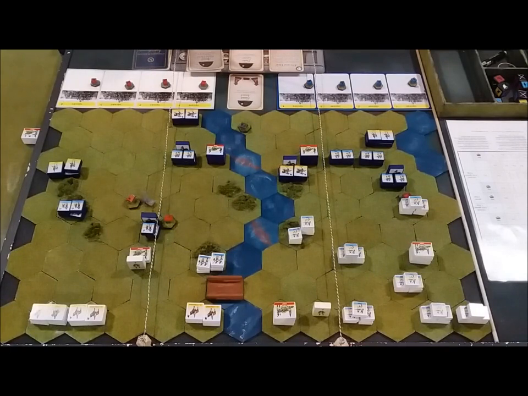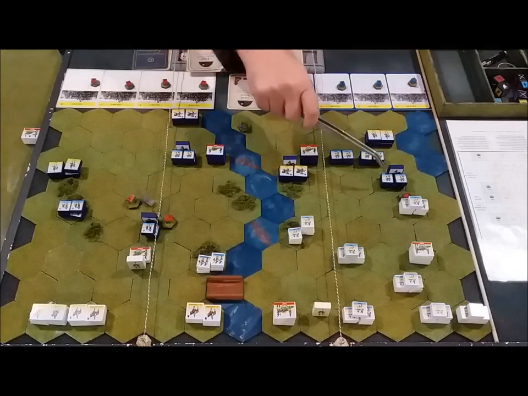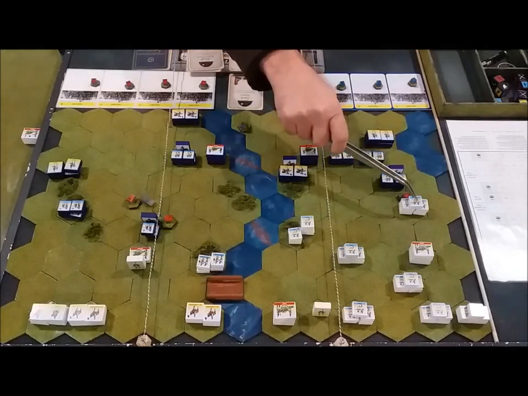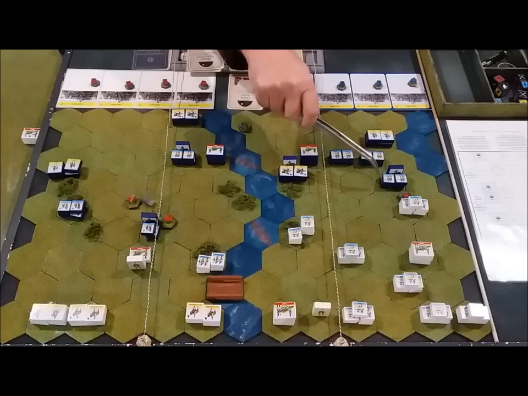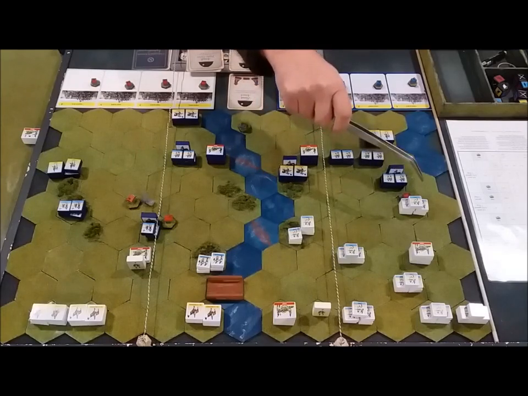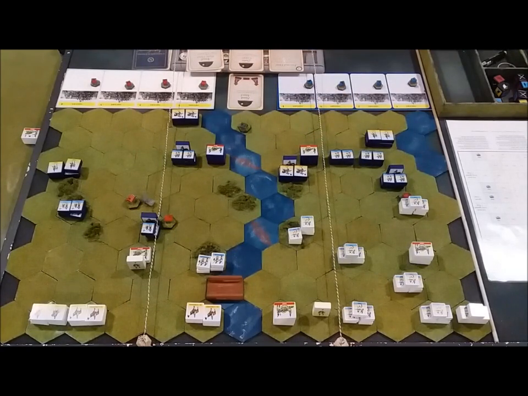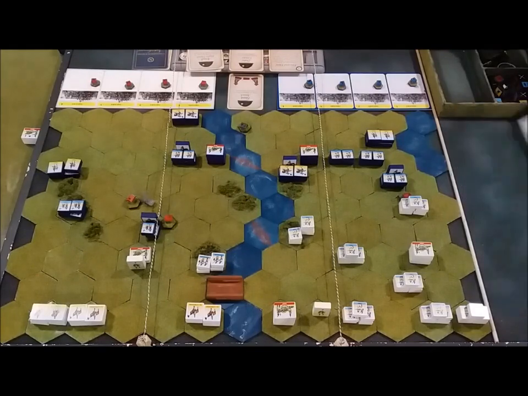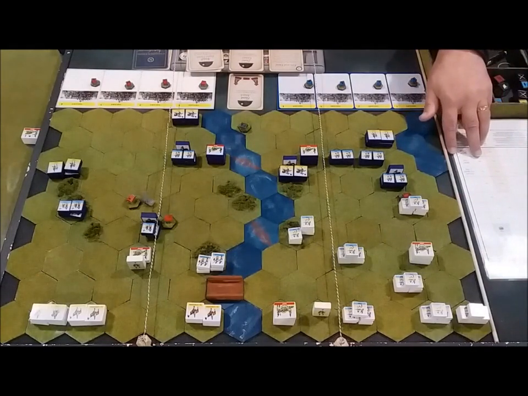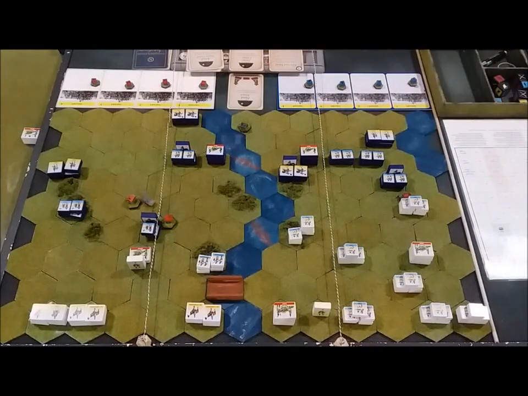So 4 artillery or infantry units may not move before or after. So this line unit could melee with them. They'd be bringing 5 dice, 4 plus 1 for melee, minus 1, so they still get 4 dice into here. Minus 1, minus 2, minus 2, so they'd be bringing 3 dice into there.